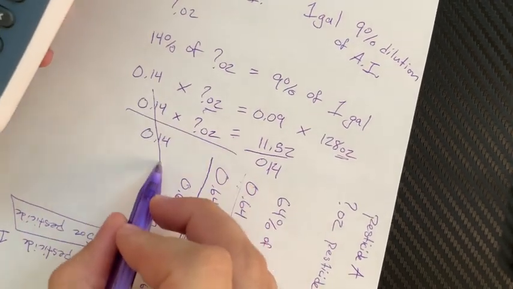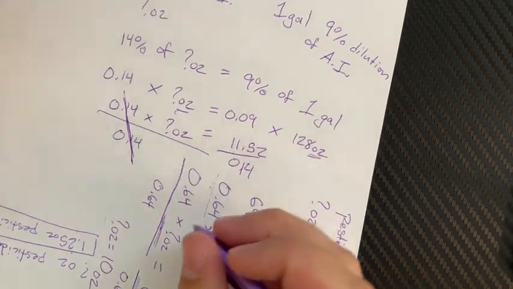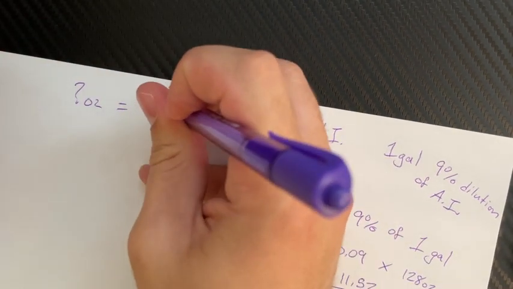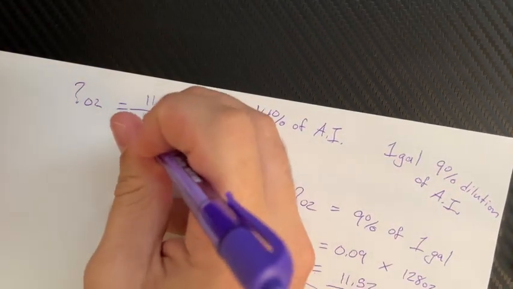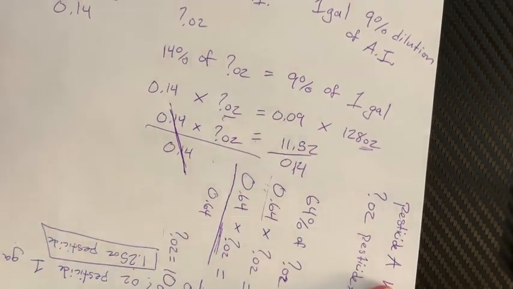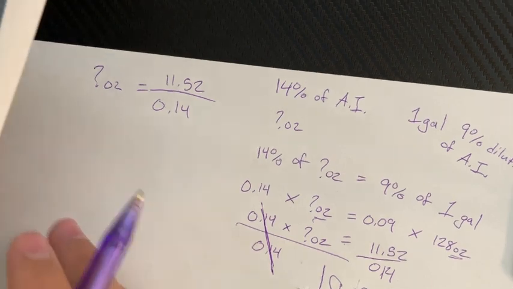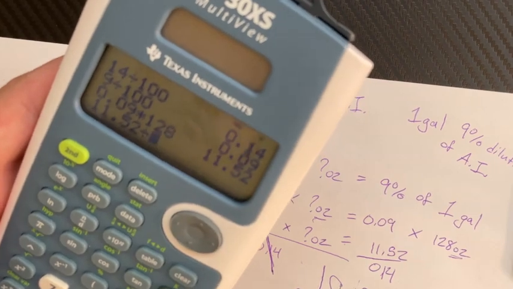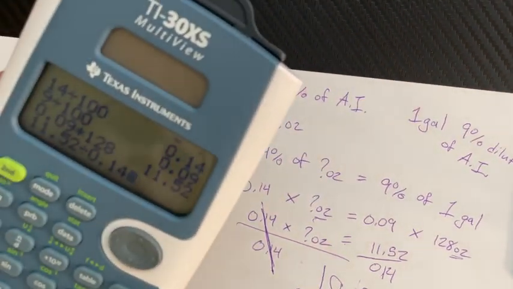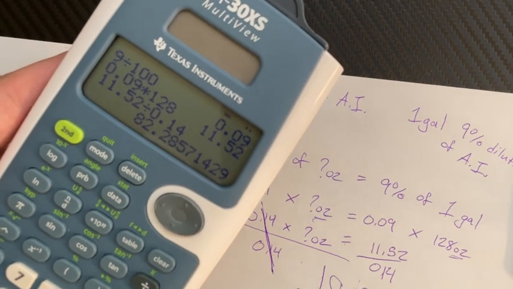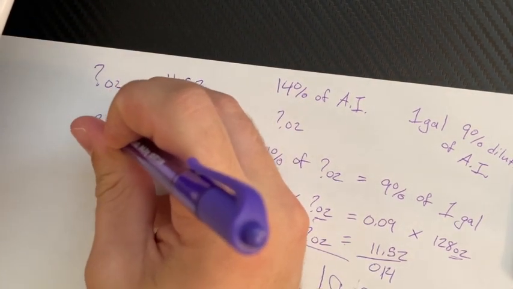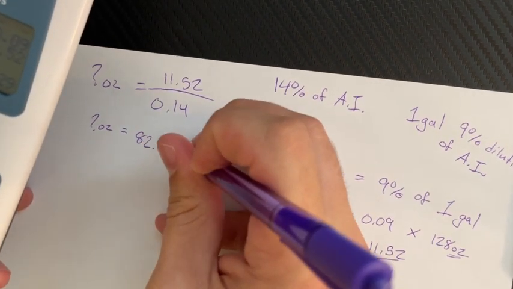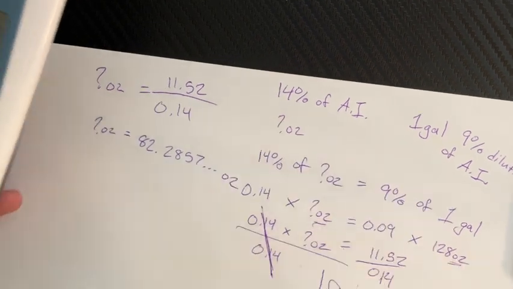So these cancel out, and now we're left with however many ounces we need equals 11.52 divided by 0.14, which is what we had here, okay? 11.52 divided by 0.14 is 82.2857 and so on ounces.